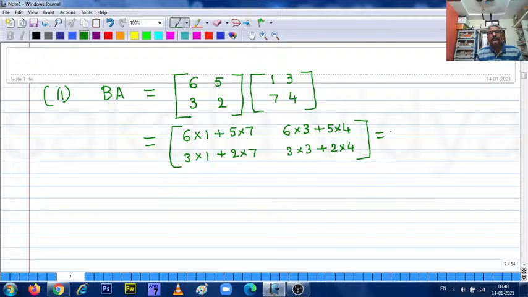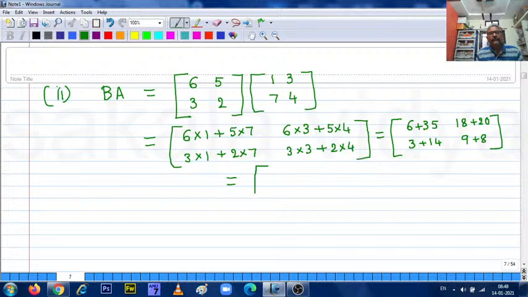So now this equals 6 plus 35, 18 plus 20, 3 plus 14, 9 plus 8.